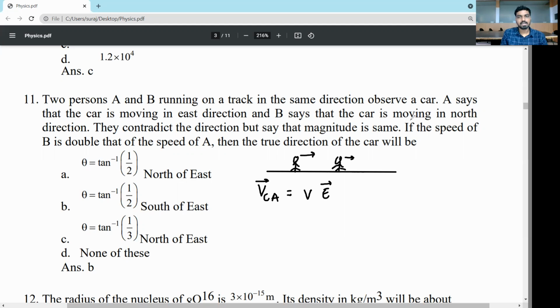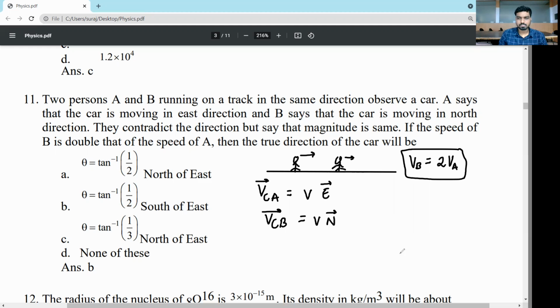Then B says that the car is moving in north direction. Velocity of car with respect to B is V in north direction. The magnitude is the same. The speed of B is double that of A. Then what will be the true direction of the car?